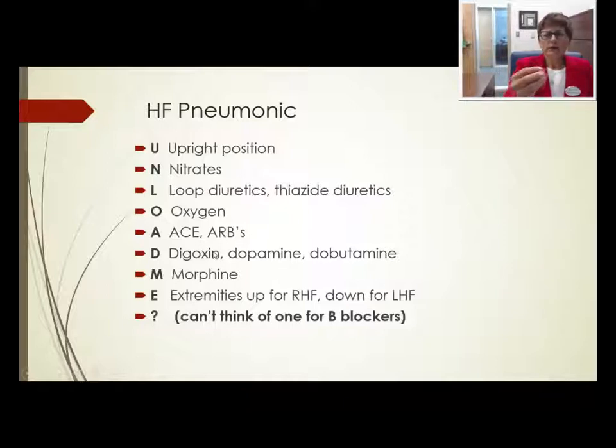Positive inotropes means that it helps to increase contractility. M is for morphine, E is for extremities, up for right heart failure, just to help with the peripheral edema, but down for left heart failure so they can breathe better. And I could not think of something for beta blockers. So that's a question mark, but you still need to add beta blockers to that list.